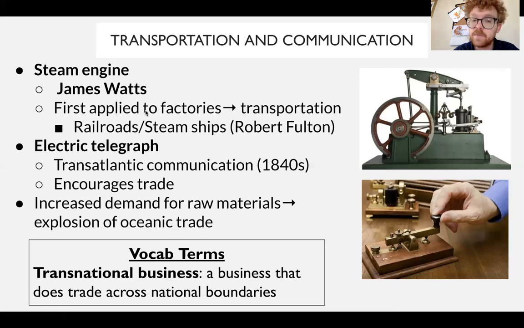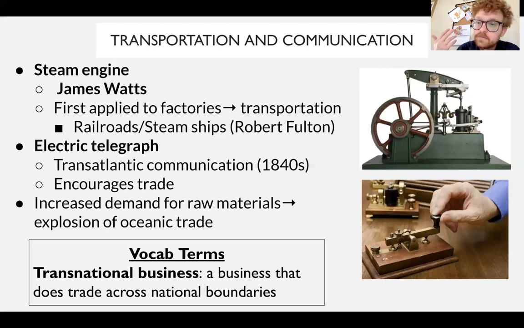We will see the application of the steamship. We will see the building of things like the Panama Canal. It's encouraging this exchange of raw materials and industrially produced goods. So this is going to not only encourage more industrialization back in Europe, back in Great Britain, back in the United States, but it's also building international connections, economic connections.